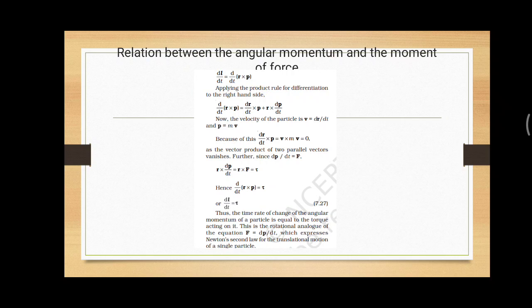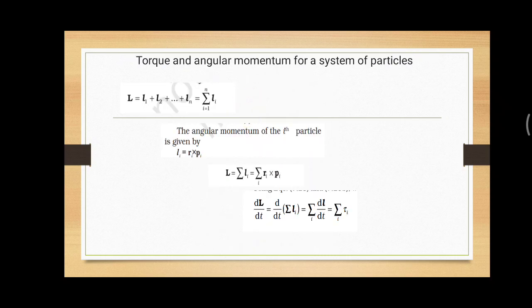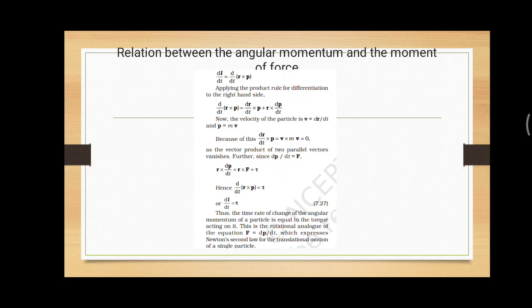So d by dt of r cross p is like d by dt of a into b. First you find d by dt of r into p, plus then r into d by dt of p. So d by dt of r cross p is dr by dt cross p plus r cross dp by dt.